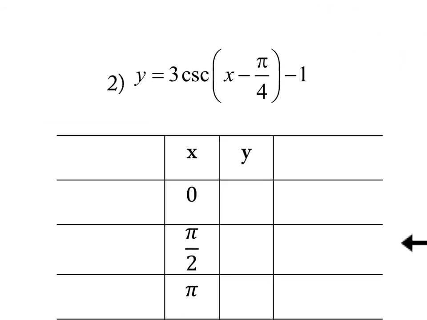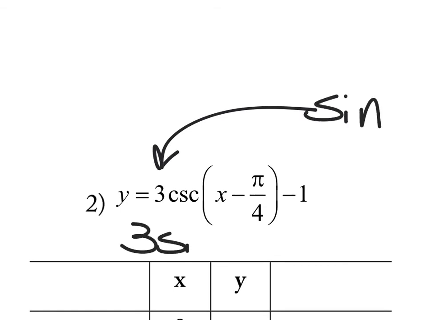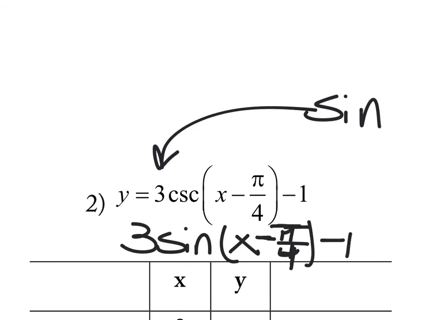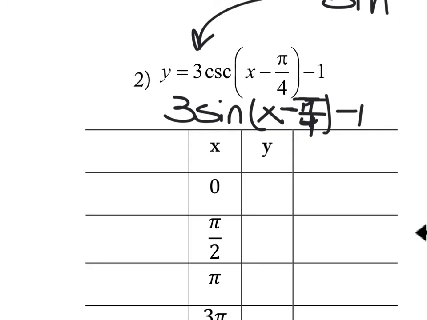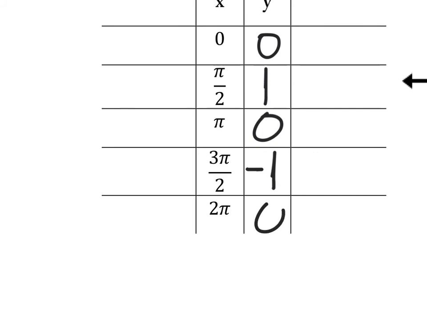Okay, so the reciprocal of cosecant is sine. So what we want to graph is 3 sine of x minus pi over 4, minus 1. All right, so we got 0, we got 1, we got 0, -1 and 0.